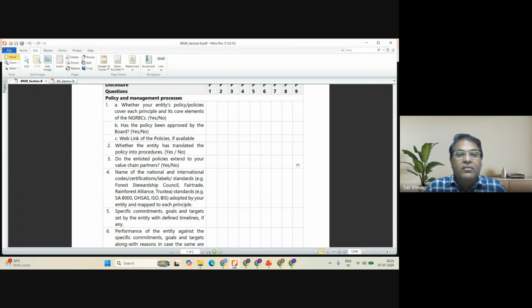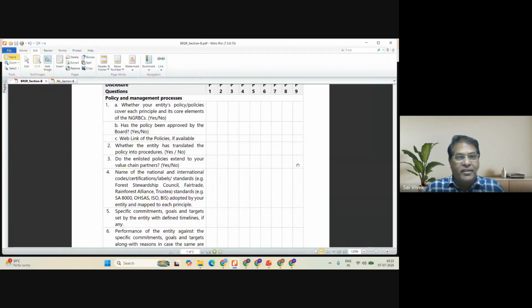So are your policies extending to all these value chains? Or in other words, if you're purchasing a raw material from a vendor, is it as per these 9 principles? Is that vendor following these 9 principles?